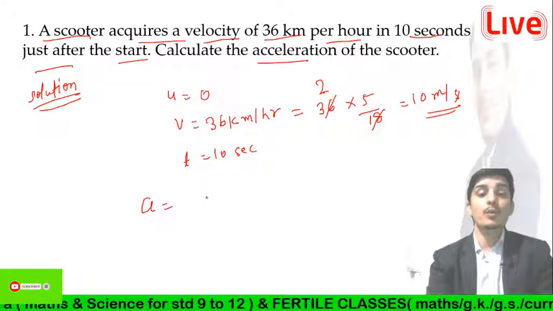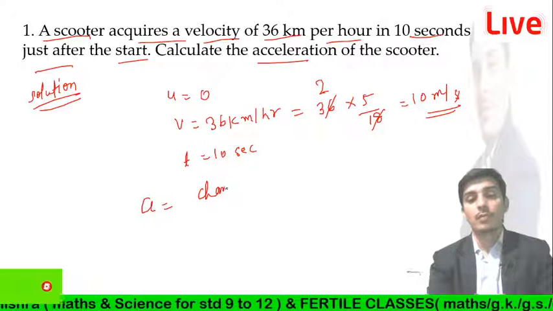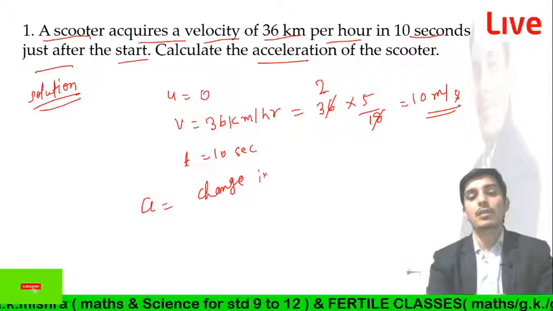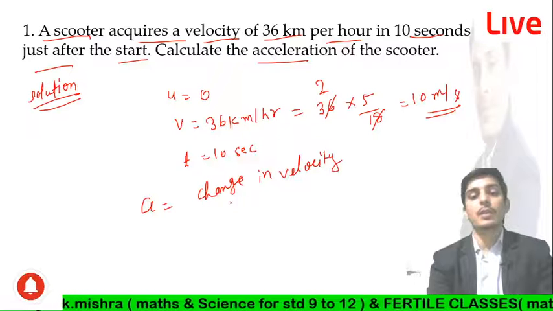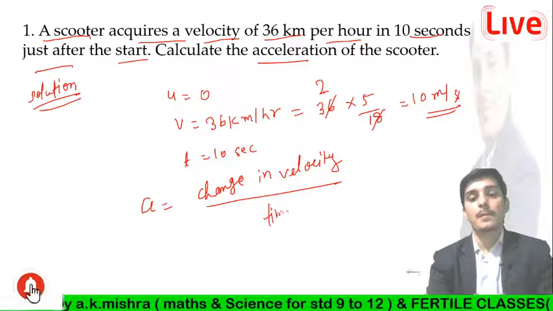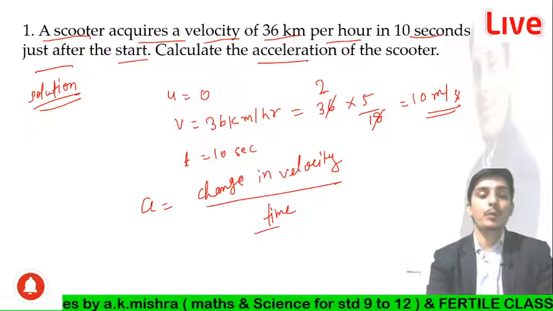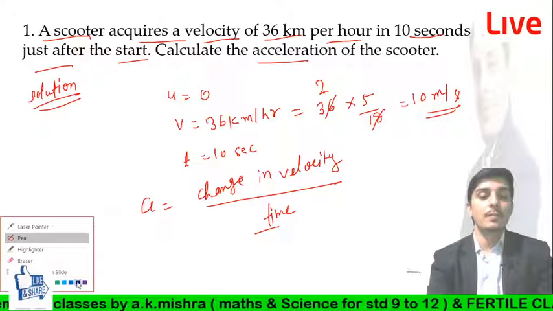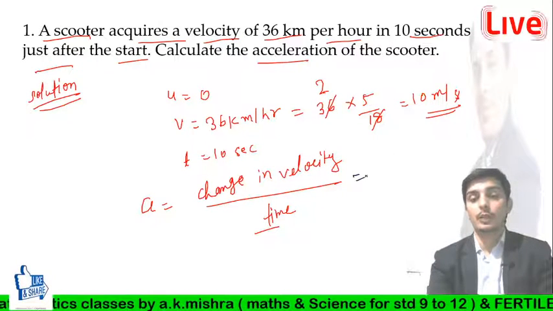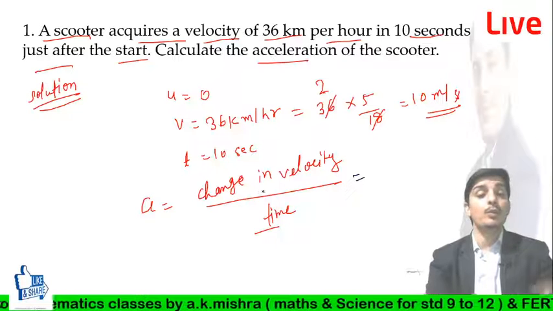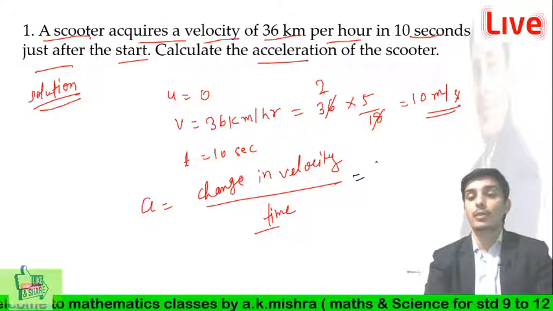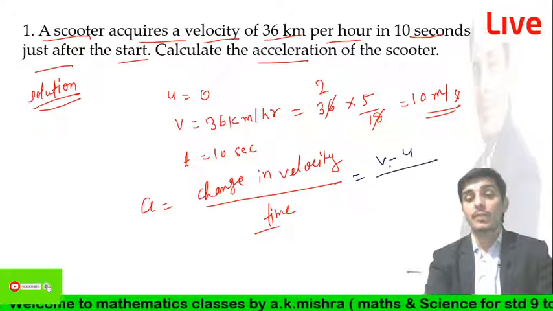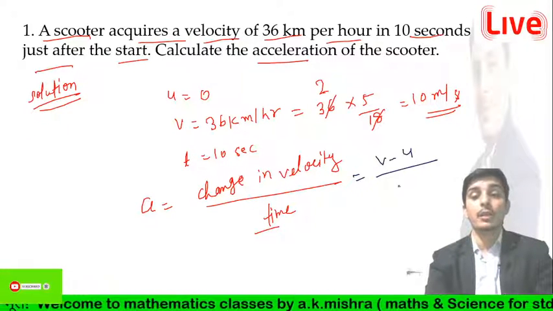Acceleration is equal to change in velocity by time taken. I hope you know about this formula, you must know it. Change in velocity is v minus u, means final velocity minus initial velocity, by time.